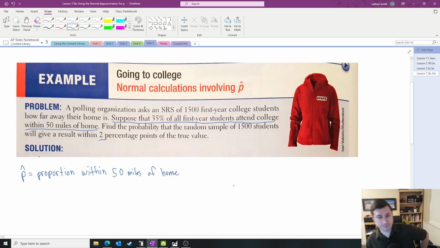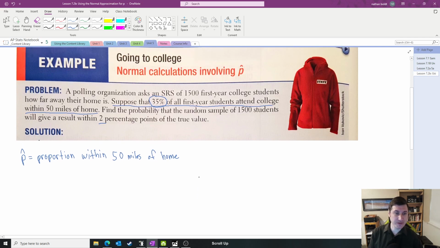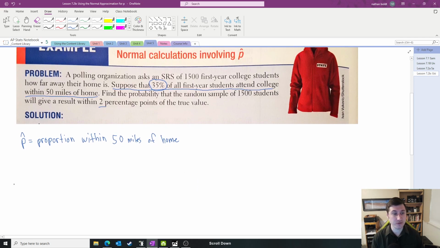And we want to know how close is our sample to what we know is true, the 35%. What are the chances that we're within 2 percentage points? So our overall goal is we want to know the probability that our p-hat from our sample is within 2 percentage points. So is it bigger than or equal to 33%, so 0.33, or smaller than or equal to 37%?